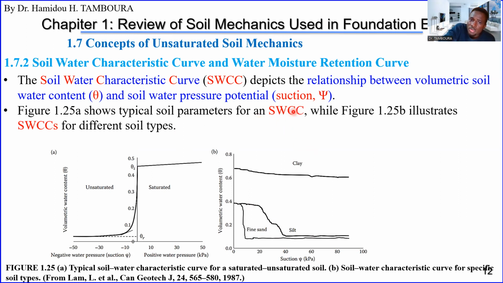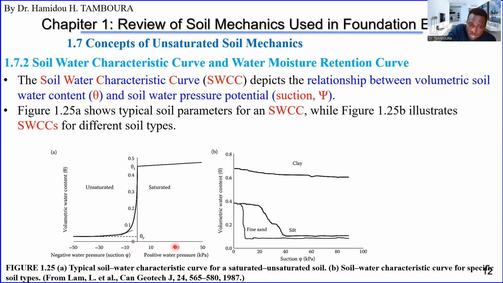Okay, so in this figure, these two, A and B, show the typical soil parameters for the soil water characteristic curve, SWCC. Okay, this A1 is a typical curve. This side is for negative pressure, negative suction, and this side is positive pressure. Because when the water pressure is negative, we can have suction.